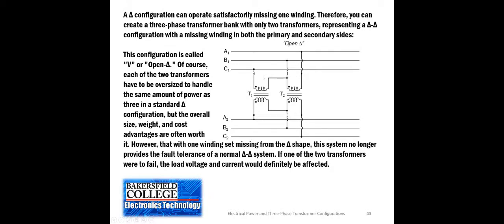Now, we can't put a wire between this one and this one to close the delta because if we did that, we would have a short between A and C. That was what this picture originally was drawn like, to show you that when you take the third transformer out, you basically need to remove any shorts that could happen.